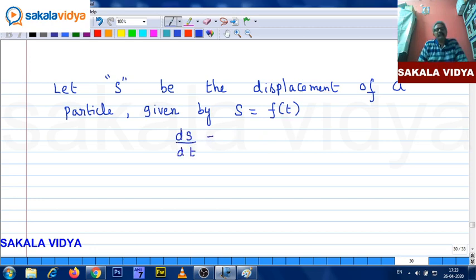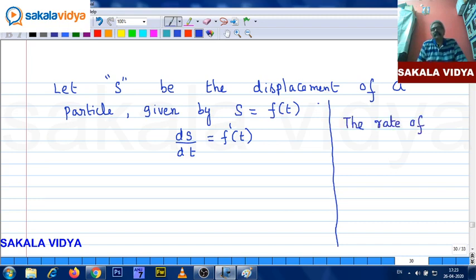ds by dt is equal to f dash t. So, what is ds by dt? We can interpret it like this: the rate of change of displacement is called velocity.